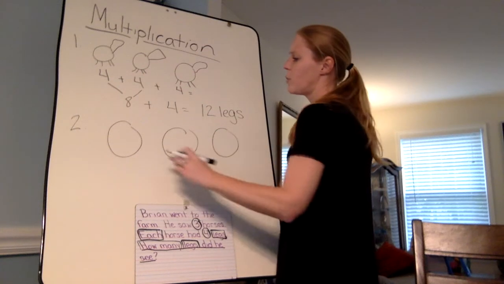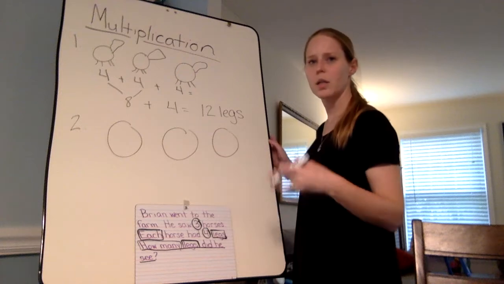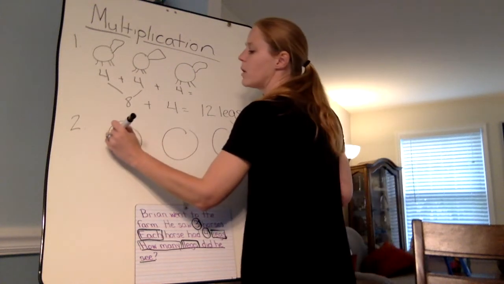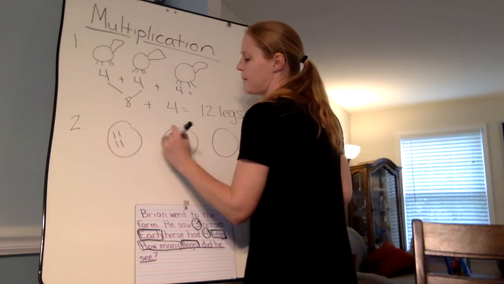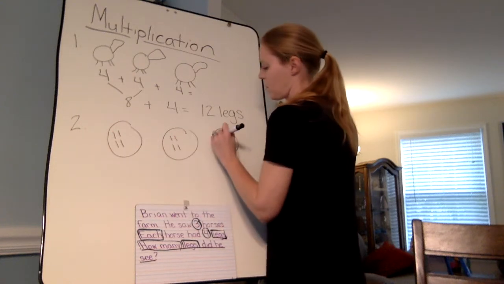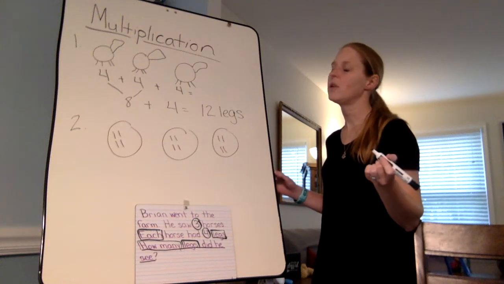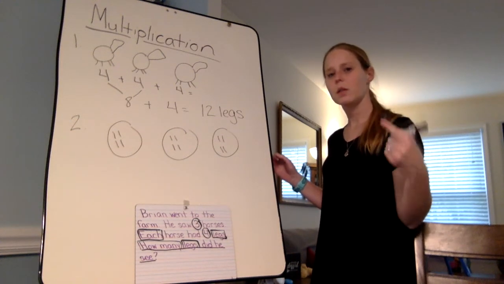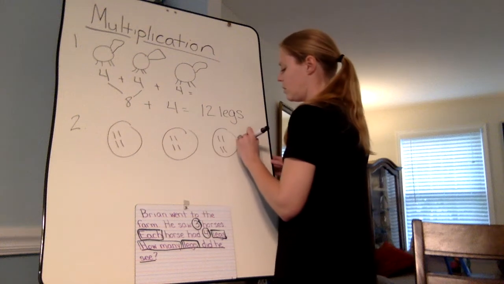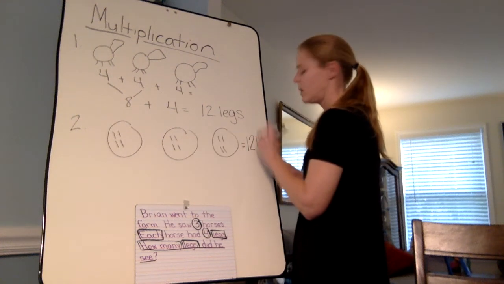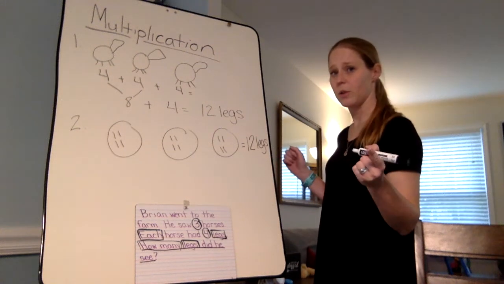These circles would each represent 1 horse, and inside we know that every horse has 4 legs, so I could do 4 tally marks inside each one. And then again, I could use repeated addition to solve. So I know that this equals 12 legs. You guys okay?